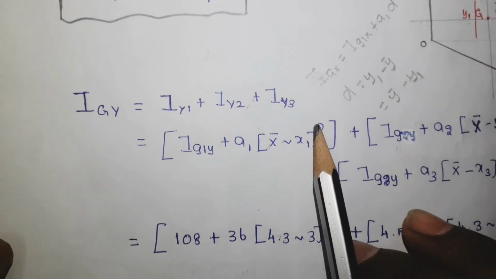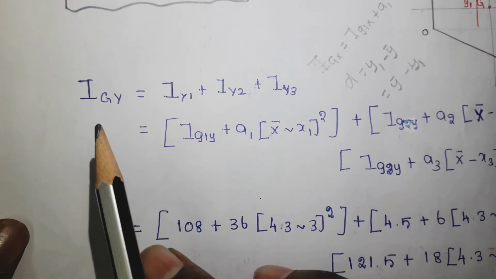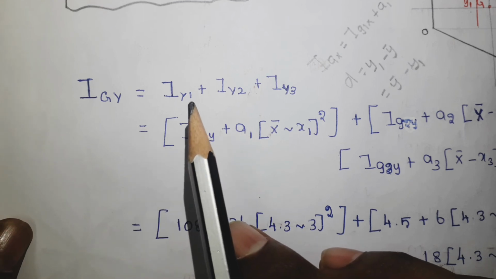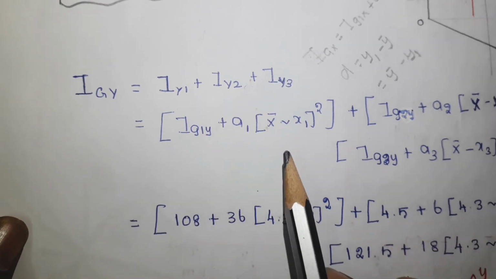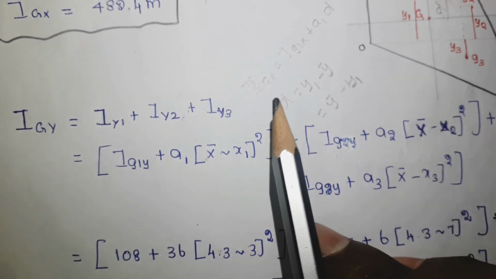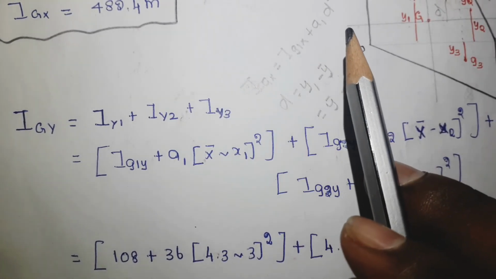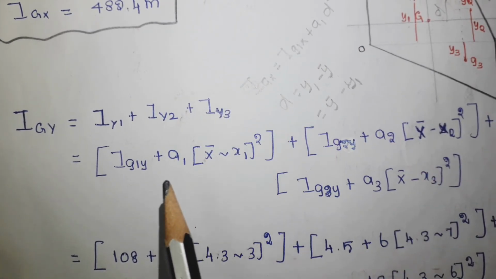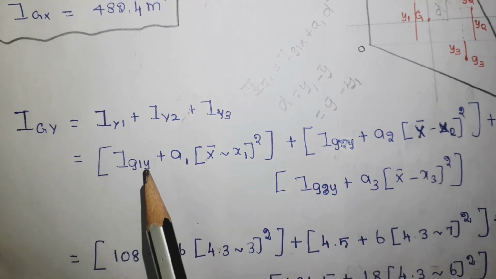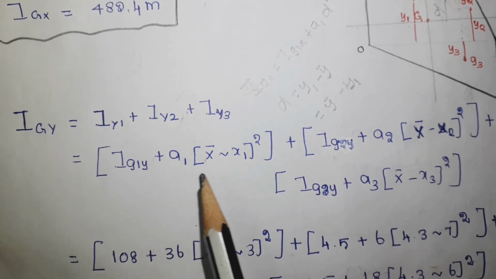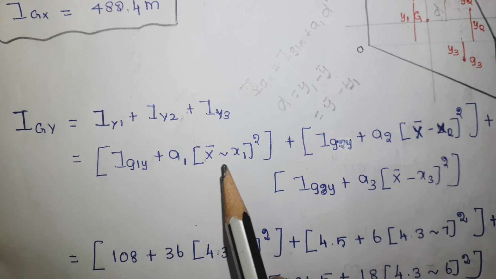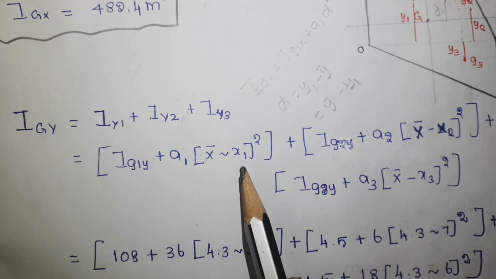Similarly, I am going to find with respect to y axis, Igy equals Iy1 plus Iy2 plus Iy3, but here also the concept remains same. But the formula is changed according to the y axis. Like here it is Ig1y. Moreover, here the difference is changed like x bar minus x1.